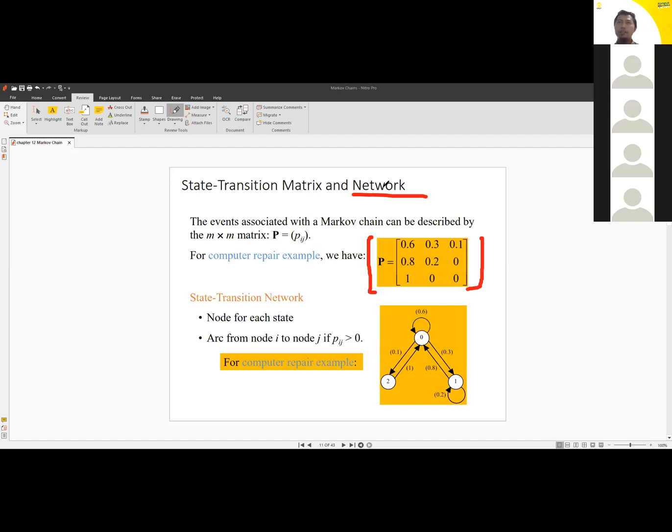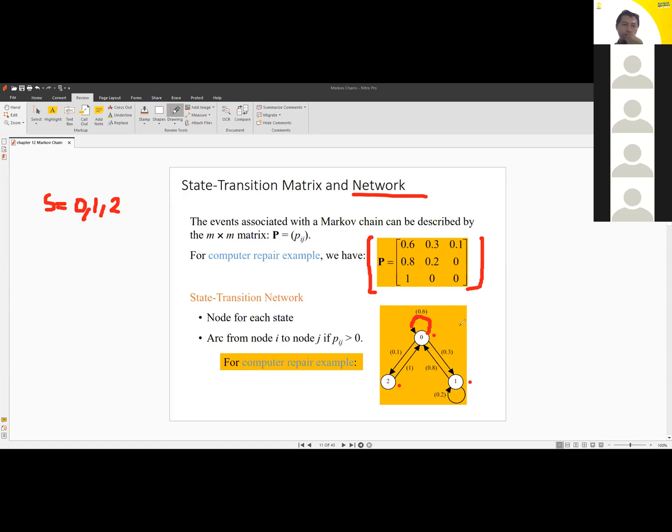You remember that the state S is equal to either 0, 1, or 2, right? So in this case, we will have 3 points, 0, 1, and 2. And then, what is the circle arrow here?